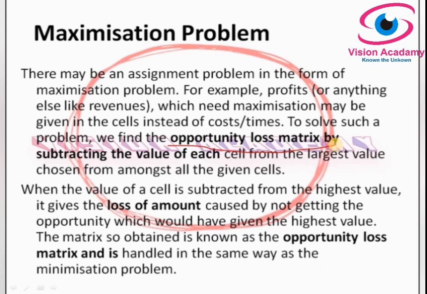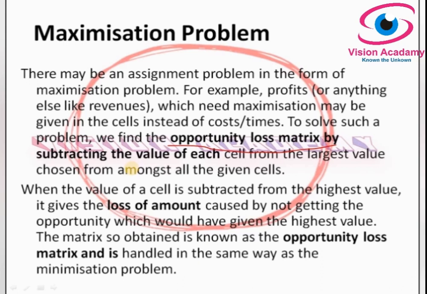Once you find the opportunity loss matrix, the rest of the treatment is similar to minimization problem. So how to find opportunity loss matrix? It will be found by subtracting the value of each cell from the largest value chosen from amongst all the given cells.